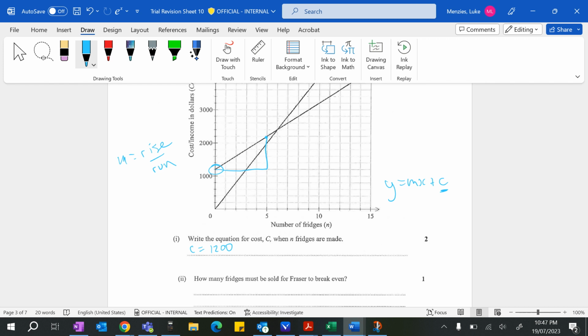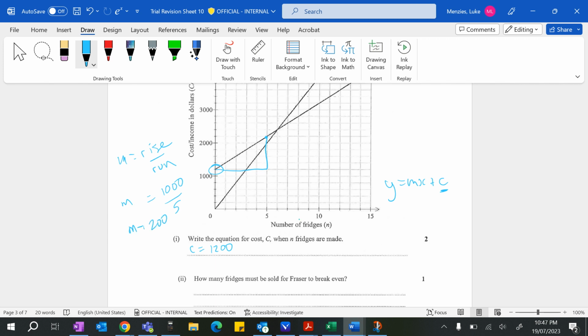Okay, so rise, how far has it gone up? From 1200 up to 2200, it has a rise of 1000. And going across from 0 to 5 has a run of 5. So my gradient in this case is going to be equal to 200.